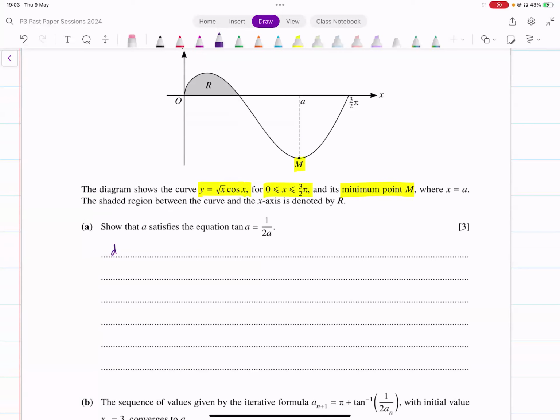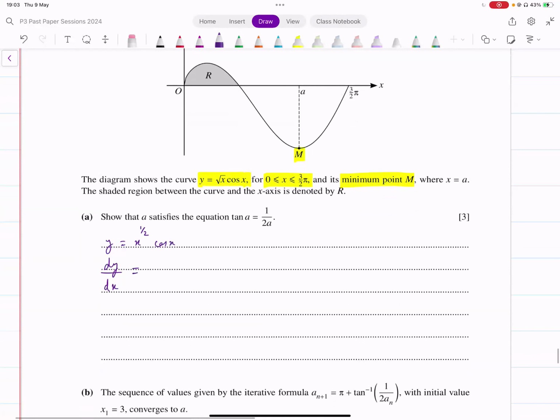You can write this function as y equals x raised to the power 1 over 2 into cos of x. Now, when you differentiate it, you have to use the product rule. X raised to the power 1 over 2 as it is, derivative of cos is minus sine, plus cos x as it is into derivative of x raised to the power 1 over 2, which is 1 over 2 into x raised to the power minus 1 over 2.